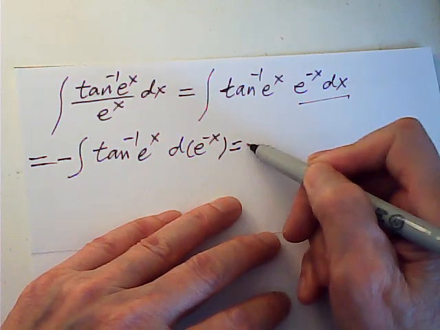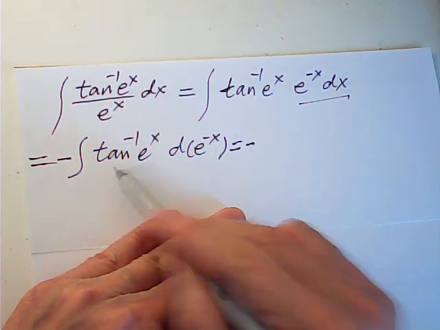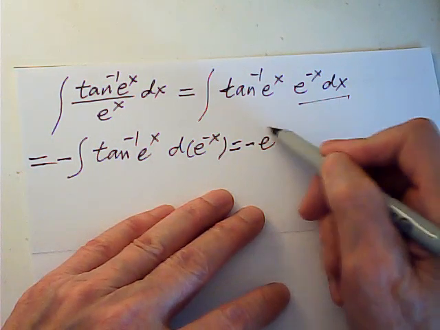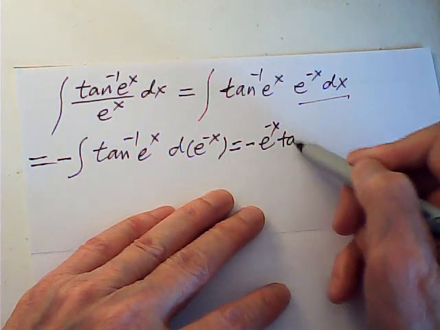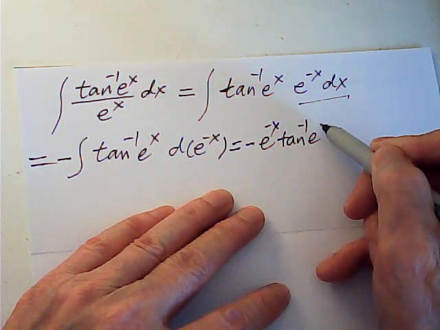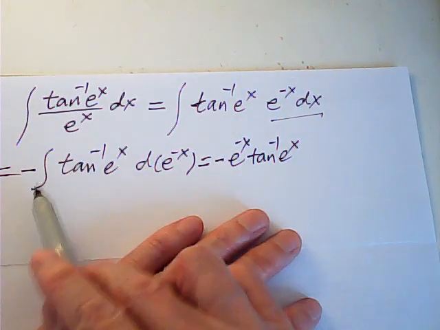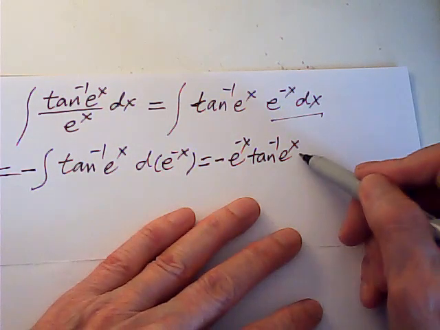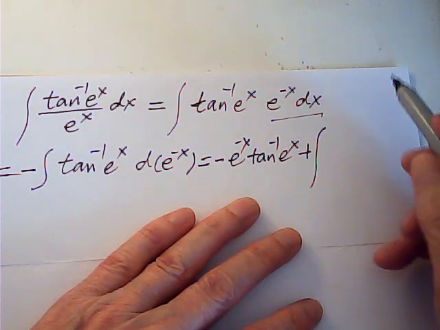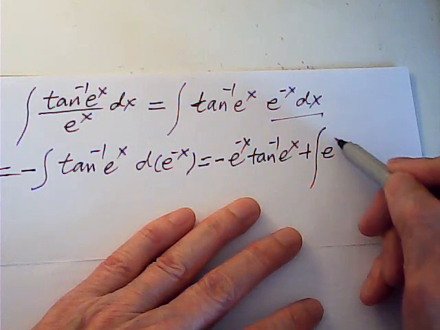By parts says u times v, right? This one is this, minus v du, minus, you have a minus here, so it becomes plus v du.